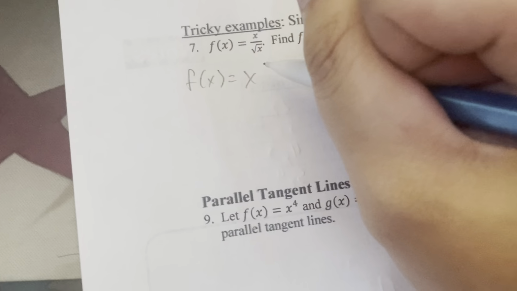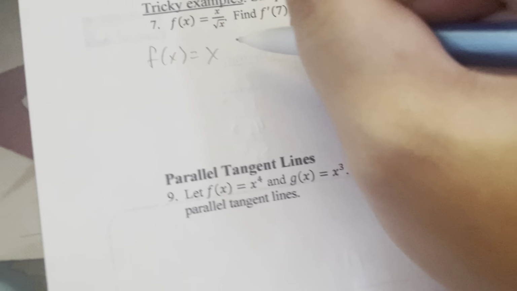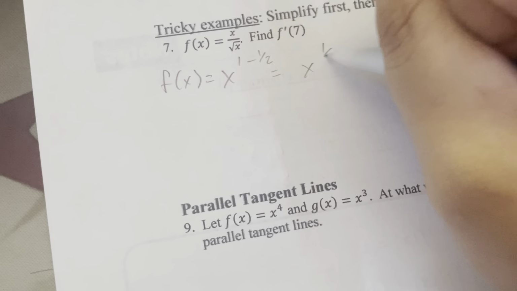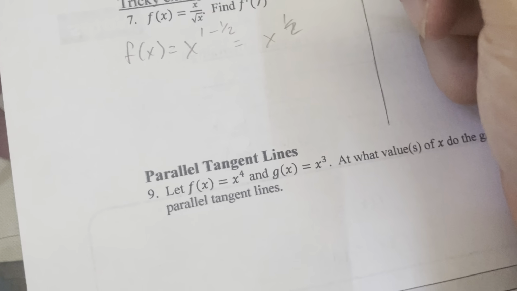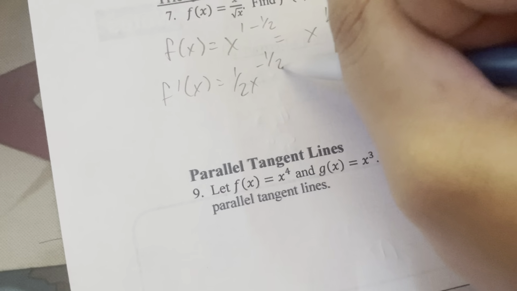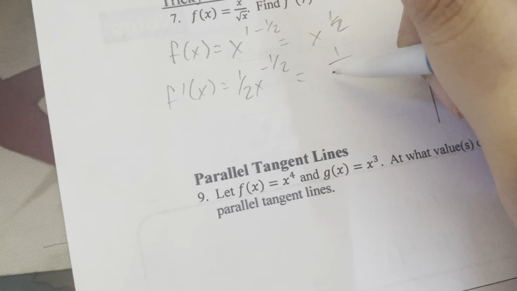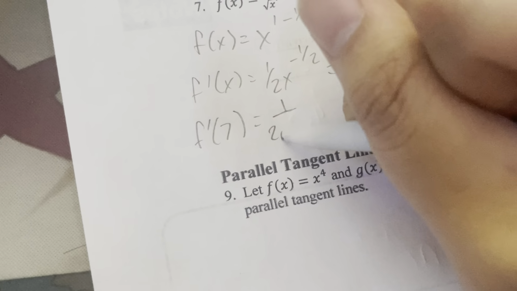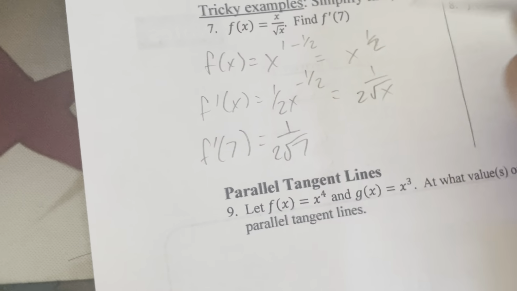So f of x equals x to the power of 1 minus 1/2, equals x to the power of 1/2. F prime of x equals 1/2 x to the power of negative 1/2, equals 1 over 2 square root of x. Then you plug in 7. So f prime of 7 equals 1 over 2 square root of 7.